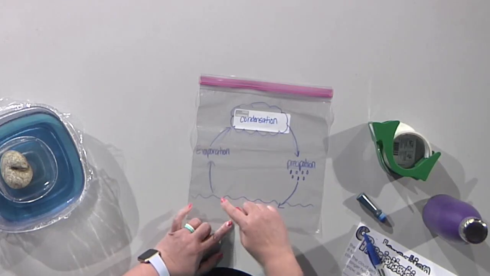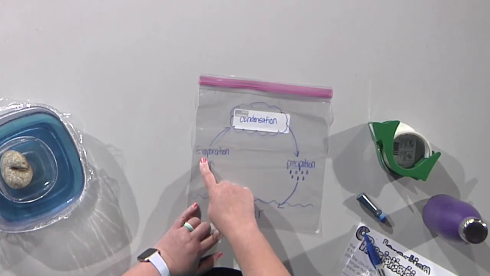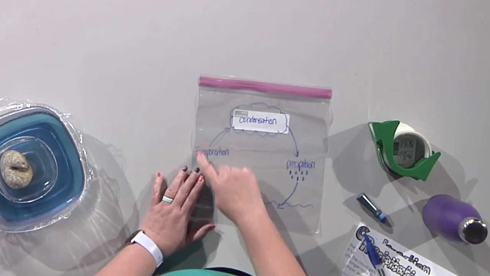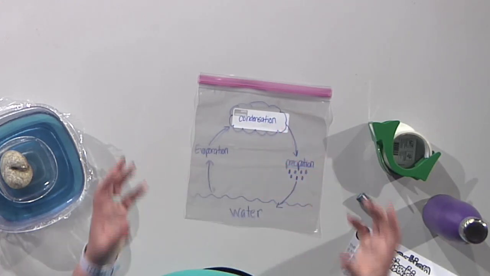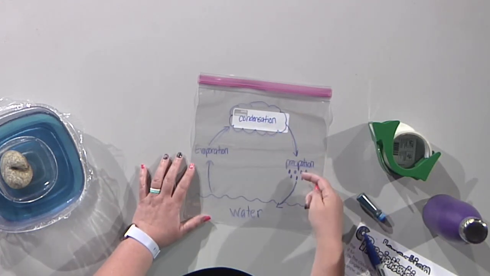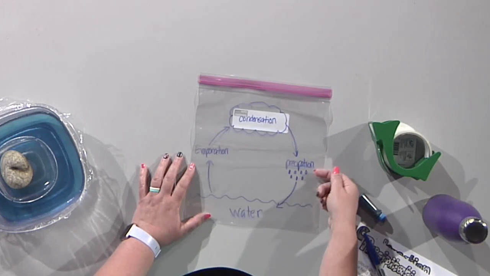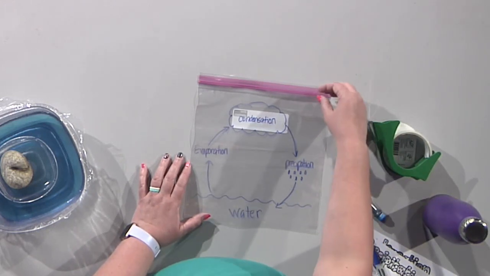So if you see now, we have created the water cycle. We have our water source, we have evaporation that happens up to condensation where it forms back together and falls in the form of precipitation.